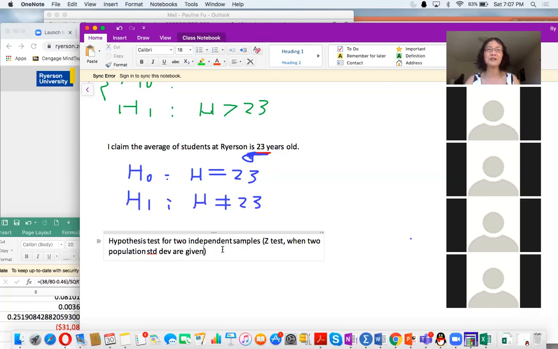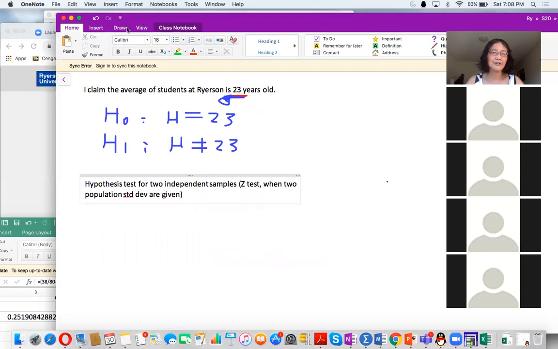Most students are in only one, so we consider those 2 populations independent. And if the 2 population standard deviations are given, you can use the z-test.